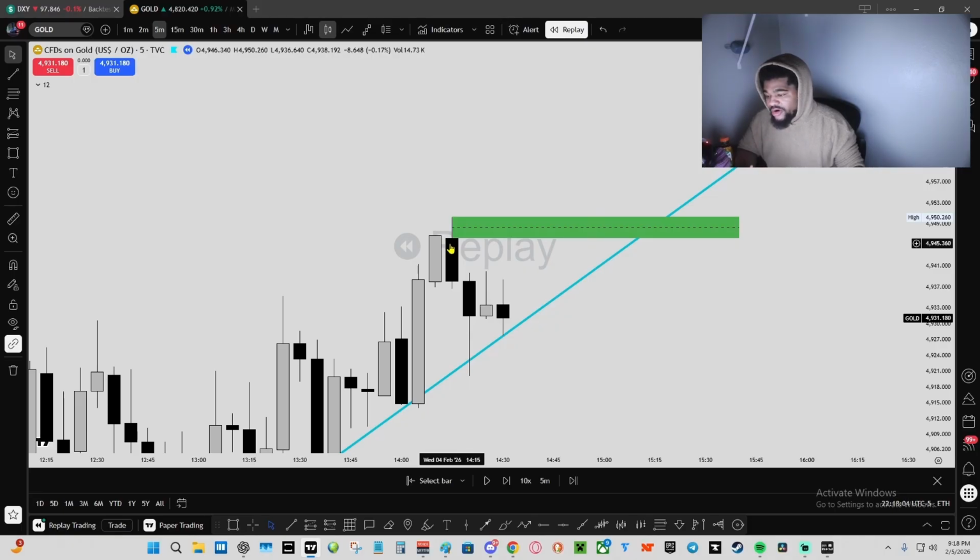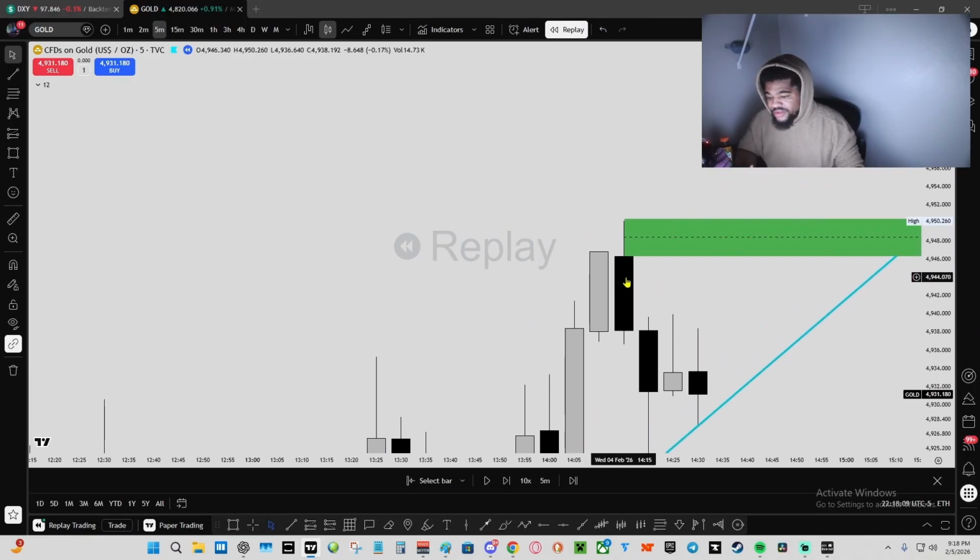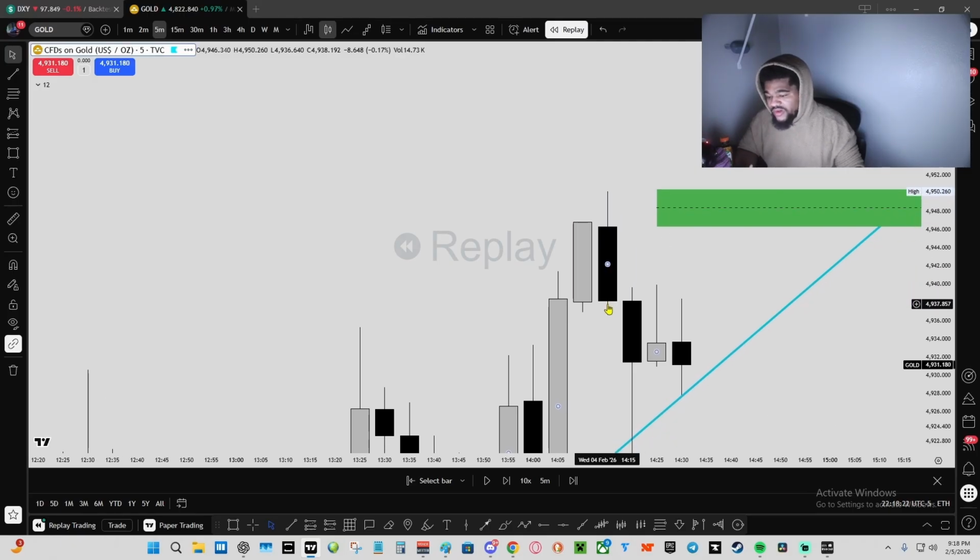A villainous candle opened up. The heroes were able to bring the battle all the way up here, but then the villains took their power away from them and brought the battle all the way down here, where it then closed and left this imprint on the story. So we know that the heroes had their power taken away from them right here.